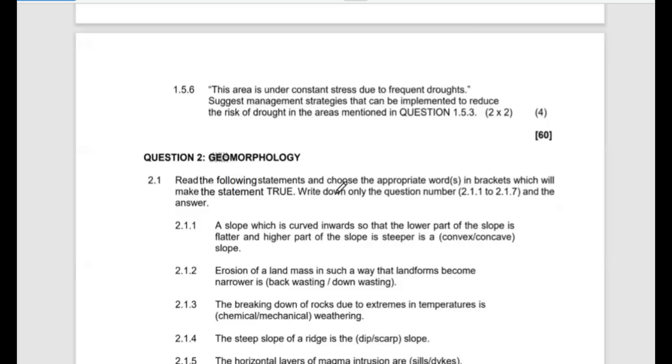You can suggest measures like coming out with drought-resistant varieties, or you can talk of research on crop varieties that resist drought, or you can talk of how to manage water resources, the different ways of how to conserve water resources. You can ultimately argue along those lines.